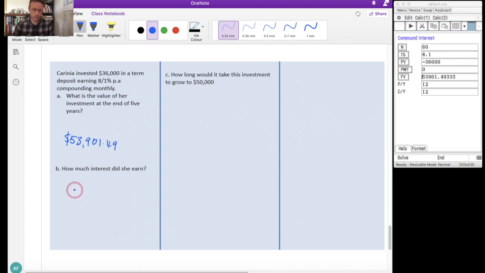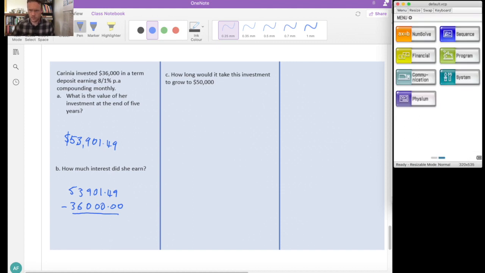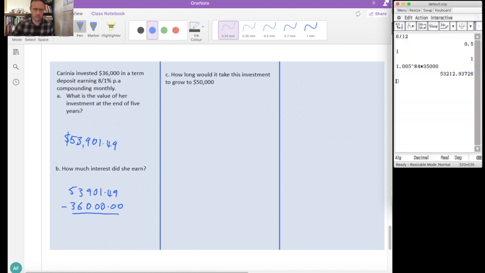Okay. How much interest did she earn? Okay, the interest earned is simply the value of the account, 53,901.49, subtract the principal. So anything above the 36,000 that was invested first time is the interest that was made because Karina hasn't put any more deposits into the account.